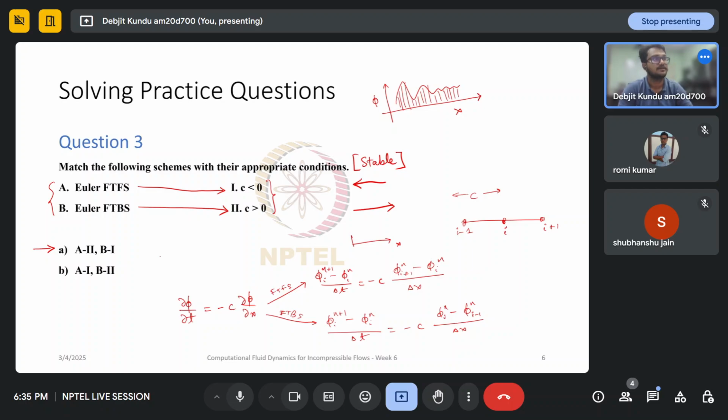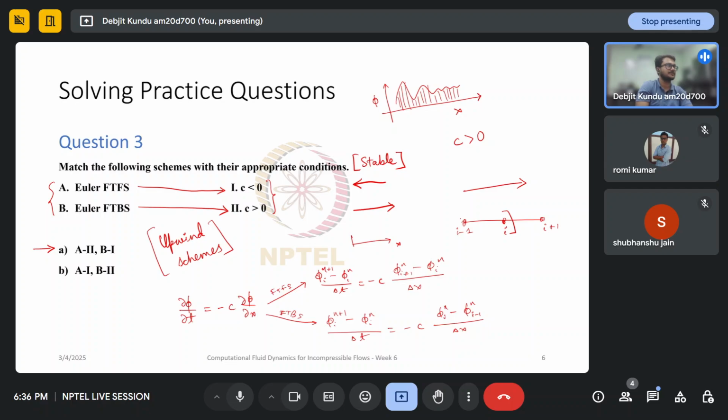Basically, the thing is, upwind schemes are stable and give correct answers. So upwind means that whichever way your velocity is, you have to go the opposite way. So if c is greater than 0, that is, if the flow is in the right direction, going from left to right, then you have to go left.